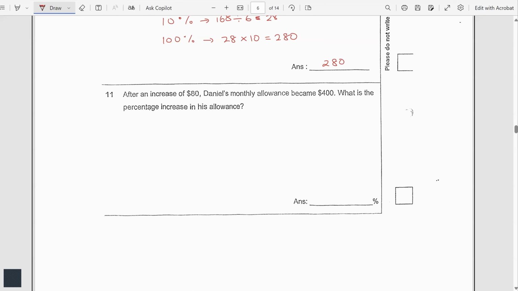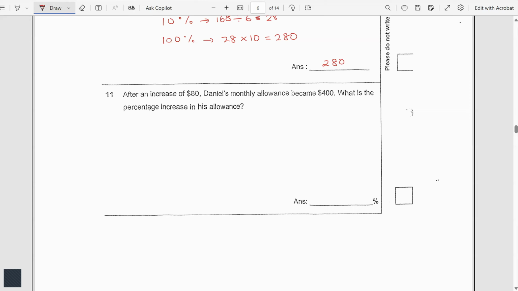11. After an increase of $80, Daniel's monthly allowance became $400. What is the percentage increase in his allowance? Okay, take note that the original allowance is treated as the 100%. So if there is an increase of $80, the new allowance is $400. So what is the original amount of money first?